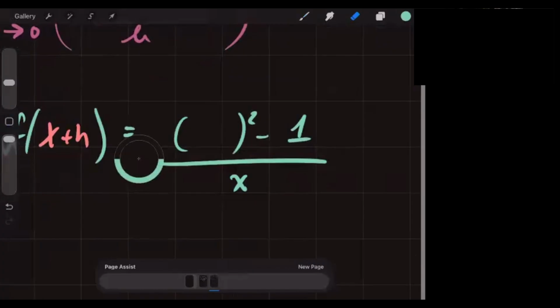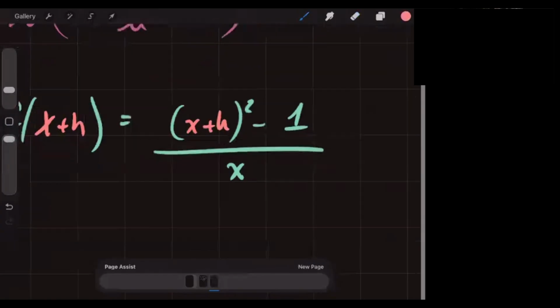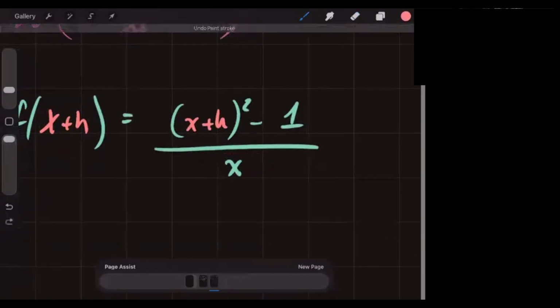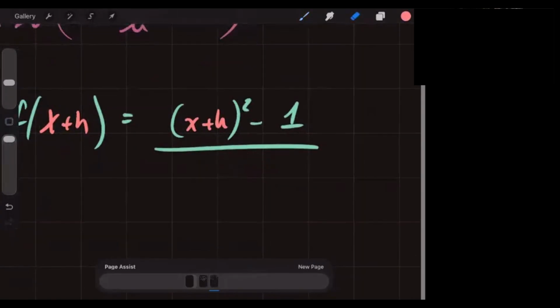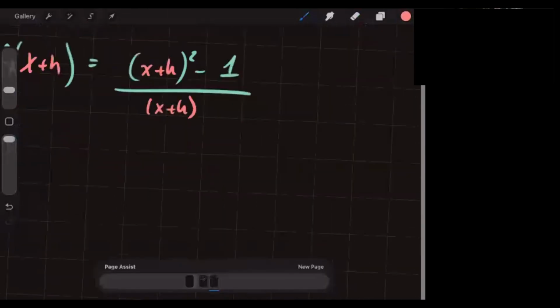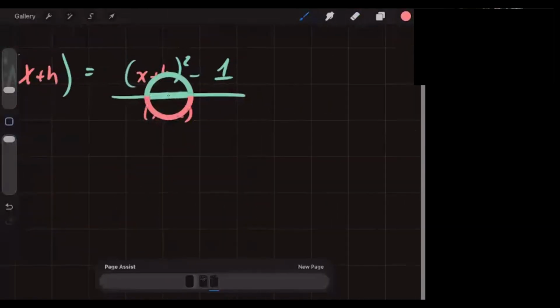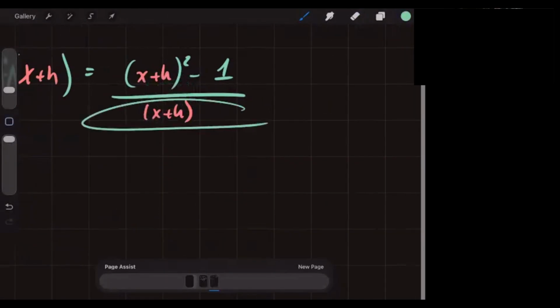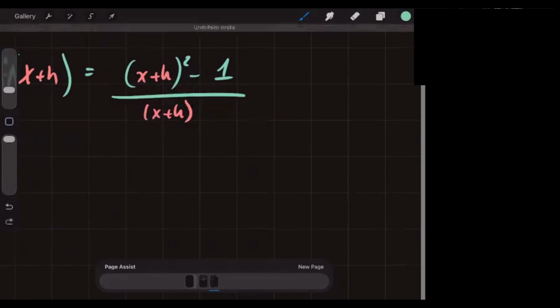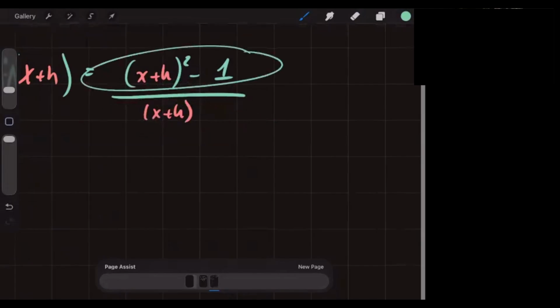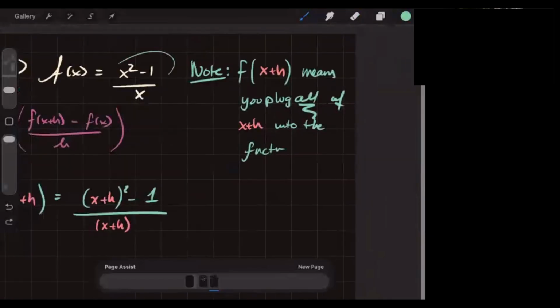We're going to replace it with x plus h. Do you see this x here? You want to replace that as well, okay? X plus h. At this point, I would recommend you FOIL it without distributing anything or without doing anything with the bottom. I would recommend you FOIL this out. It'll be useful for later.